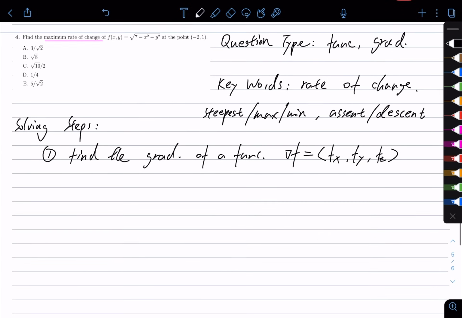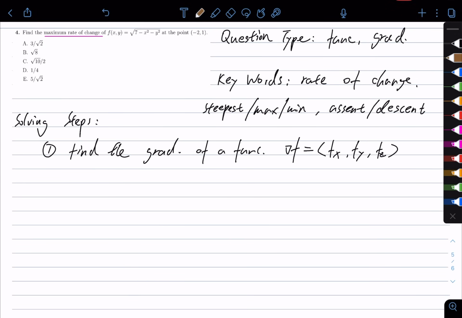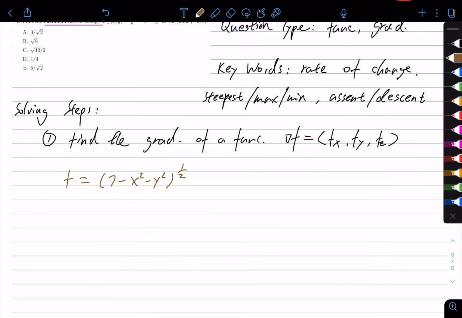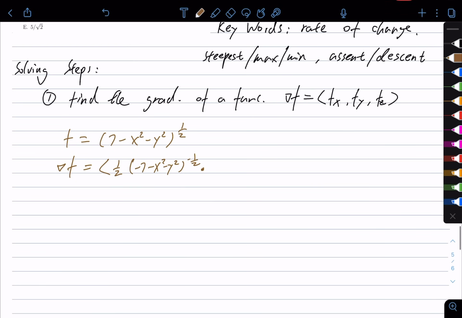Since we have the function f equals (7 minus x squared minus y squared) to the 1/2 power, we want to rewrite that to take the derivative more easily. The gradient of f uses the power rule, 1/2 times (7 minus x squared minus y squared) to the negative 1/2, and then the chain rule gives us the negative 2x as well.